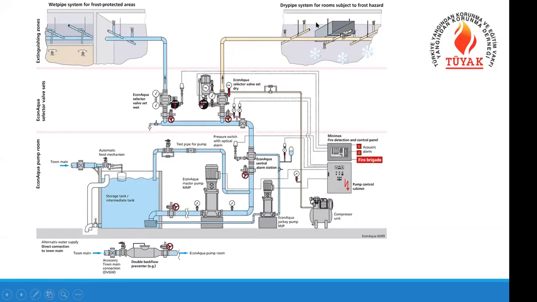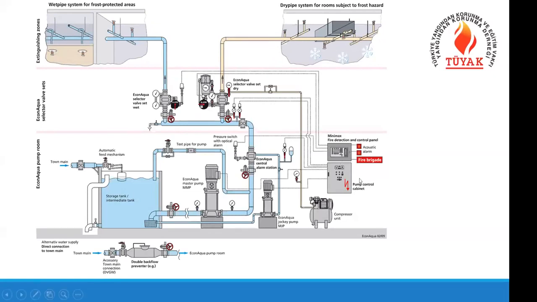With the dry system, we avoid frost inside the pipe, and the system operates when the sprinkler operates: the air releases from the pipe and the water fills the piping and controls the fire.